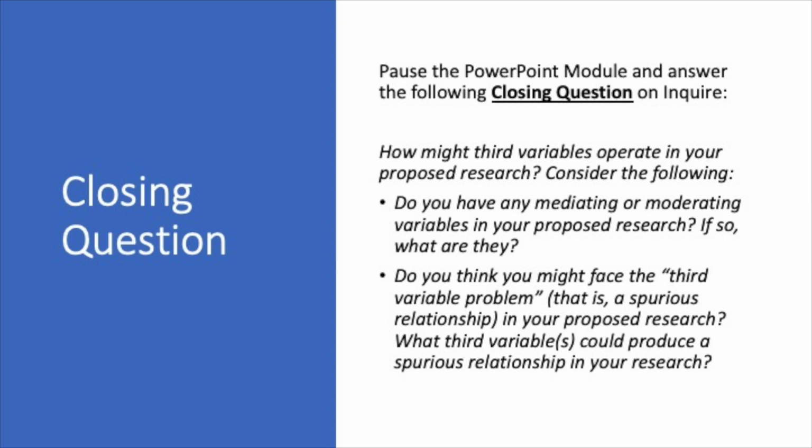If so, what are they? Do you think you might face a third variable problem, that is a spurious relationship, in your proposed research? What third variables could produce a spurious relationship in your research? Okay, so you can pause here, answer that closing question, and then come back for the final slide.